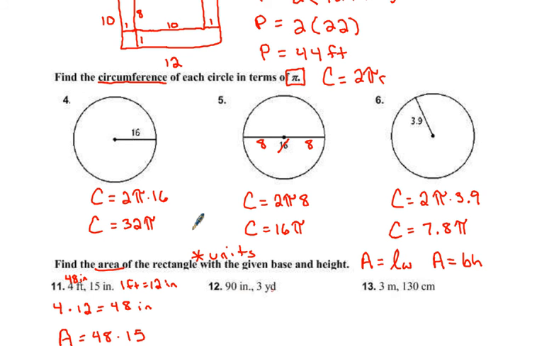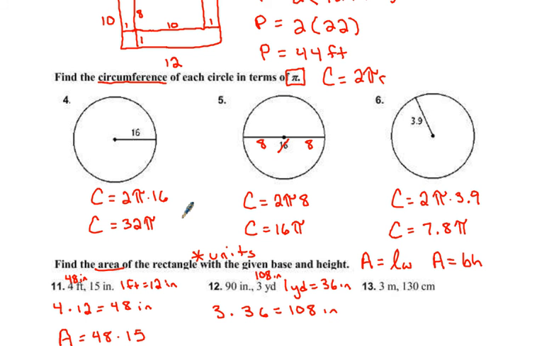Okay, for this next one, our larger unit is going to be the yards. Remember, the conversion is that 1 yard equals 36 inches. So we're going to do 3 times 36, which gives us a total of 108 inches.